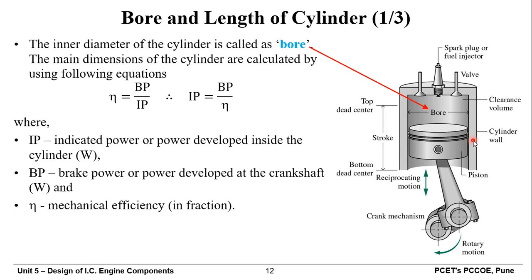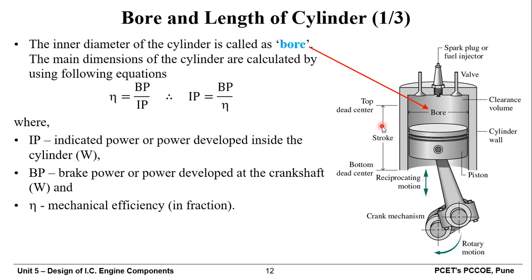As here we are going to design the cylinder, the important thing is the bore, that is the internal diameter of the cylinder, the first important dimension. Second is the stroke, that is the distance between the top dead center and bottom dead center. It is also called stroke length.